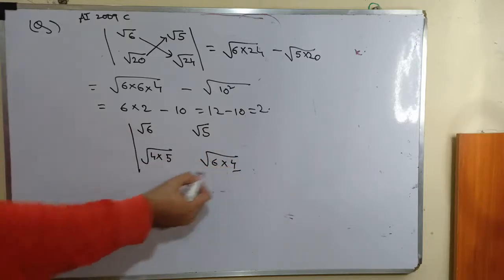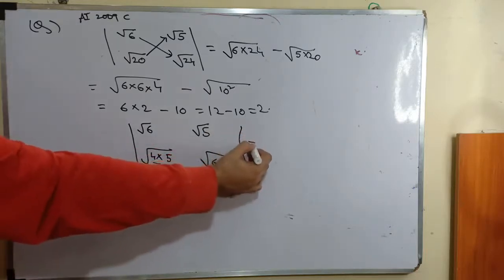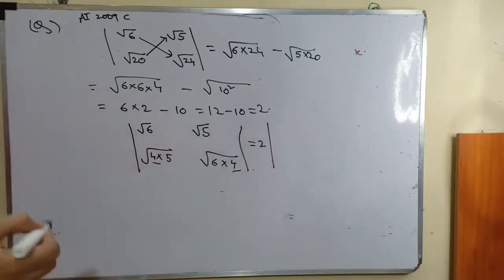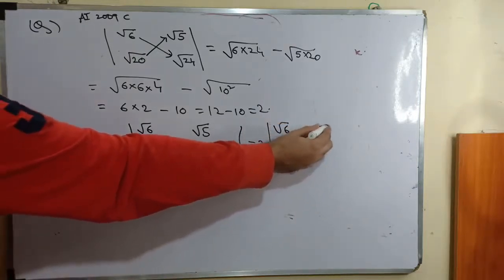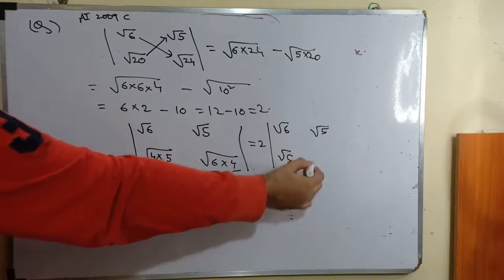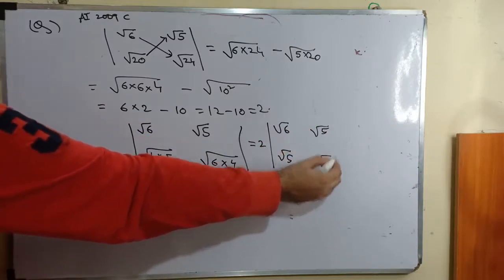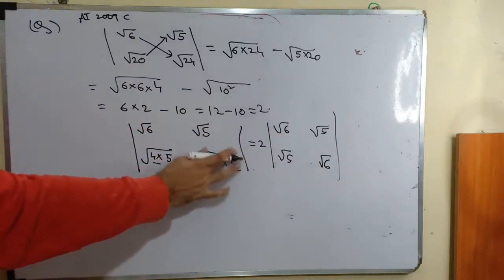You can see √4 is common. √4 is nothing but 2. So 2 can be taken out of the determinant. So that is 2 times √6, √5, and here √5 and √6. So I'm taking √4, which is nothing but 2.